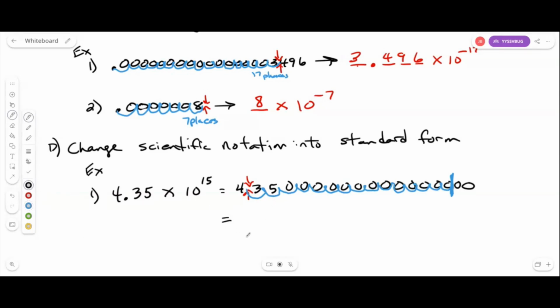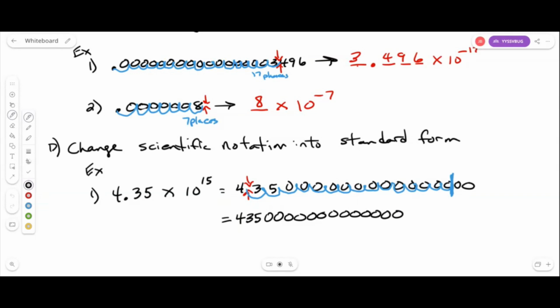So my number has 1, 2, 3, 4, 5, 6, 7, 8, 9, 10, 11, 12, 13 zeros. So I'm going to write 4, 3, 5, and then 13 zeros. 1, 2, 3, 4, 5, 6, 7, 8, 9, 10, 11, 12, 13.